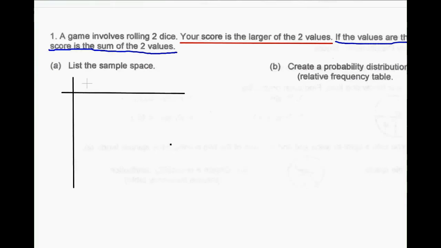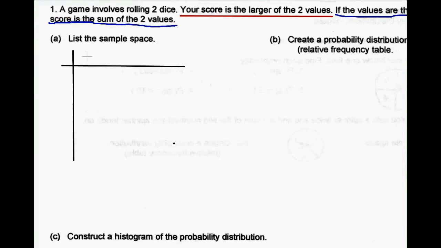So everything's going to be out of 36. Let's list it though. We have to know how many ways there are to get a 3, 4, 5, 6, and so on. So here we go. We have our first roll is going to be 1, 2, 3, 4, 5, 6, and our second roll.